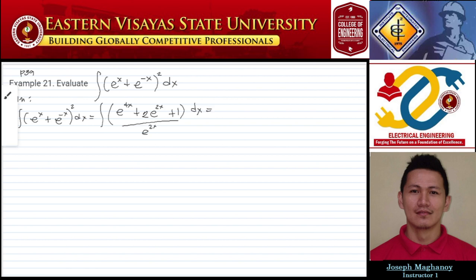So we can apply cancellation here, cancel here, and finally e becomes only e raised to 2x plus 2, and here plus the reciprocal, e raised to negative 2x, dx.